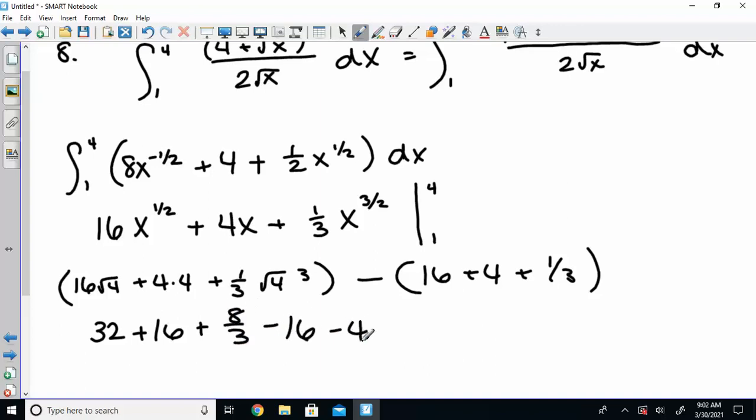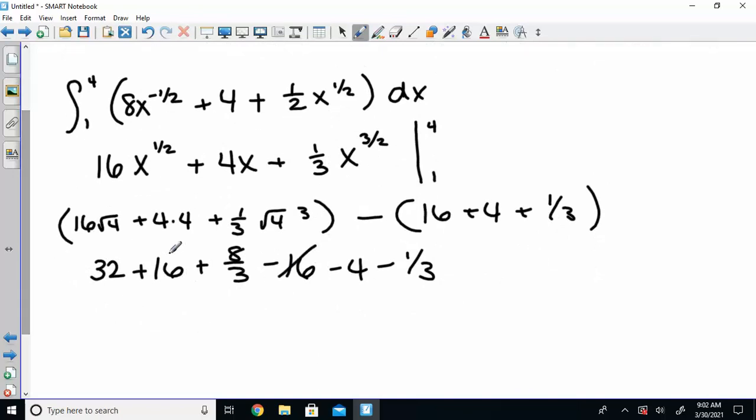Minus 16 minus 4 plus 1/3. So we get 28 and 91/3.